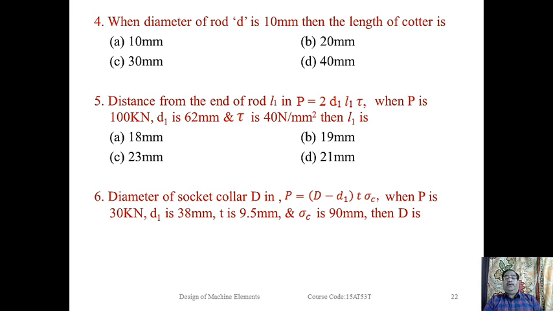Then the value of capital D is: A, 74 mm; B, 64 mm; C, 54 mm; and D, 45 mm. After calculating and substituting the values, capital D is 74 mm. So A is the correct answer.